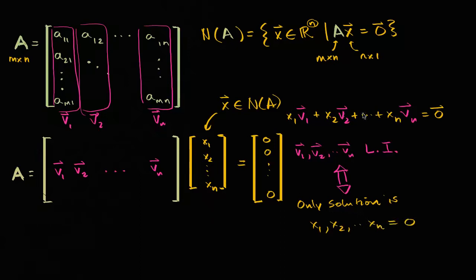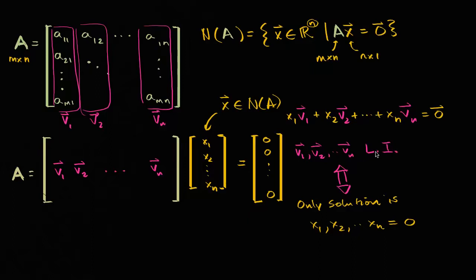So if the only way to get this sum to be equal to the 0 vector is if x1, x2, all the way through xn are equal to 0, well, that means that our vectors v1, v2, all the way through to vn are linearly independent, or vice versa. If they are linearly independent, then the only solution, if we're solving for the weights on those vectors, is for x1, x2, and xn to be equal to 0.